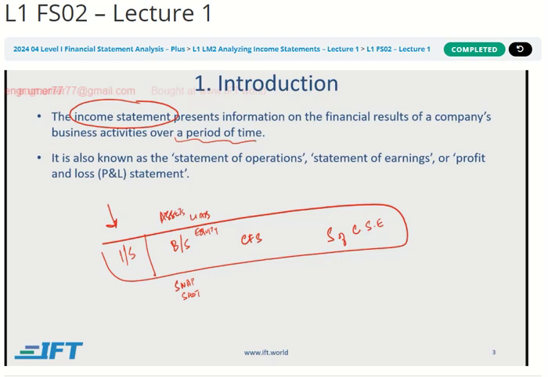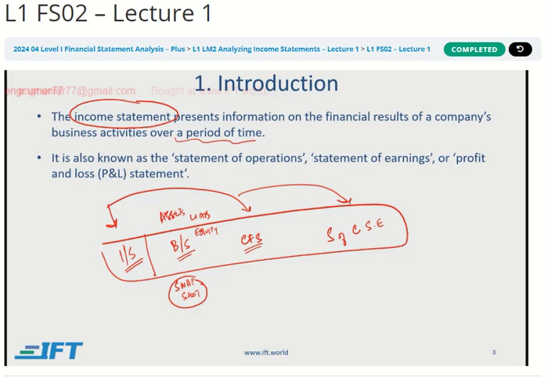Let's say for the whole year, starting from January to December for a given year. So income statement is always for a period of time, and balance sheet is a snapshot at any given point in time. Cash flow statement is also similar to the income statement, that it is for a period of time, and so is your statement of changes in shareholders' equity.